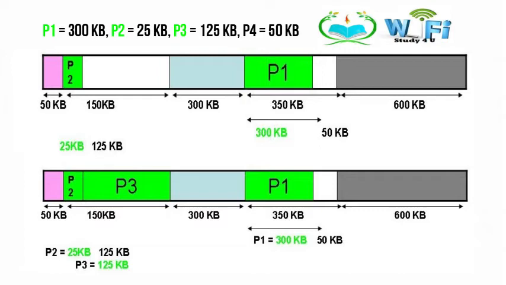Now see both carefully. P1 occupies 300, the remaining free memory is 50 kilobyte, P2 occupies 25 and P3 occupies 125.